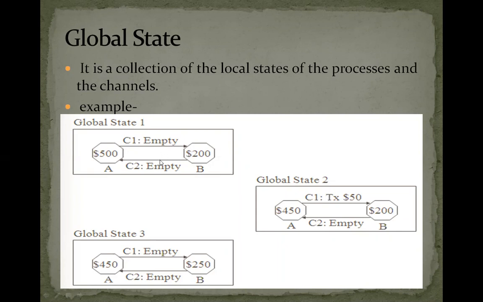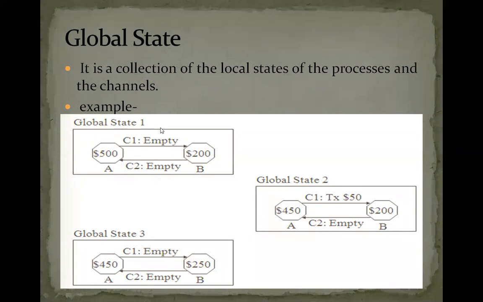So now suppose that the state of the account A at the site S1 was recorded when the global state was at 1. Now assuming that the global state changes to 2, this is global state 1, this is global state 2, and the state of the communication channels, that is C1 and C2, as well as the account of B, is recorded when the global state is 2.